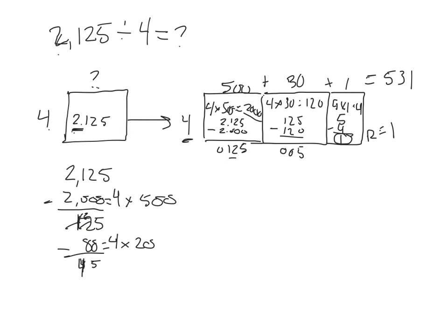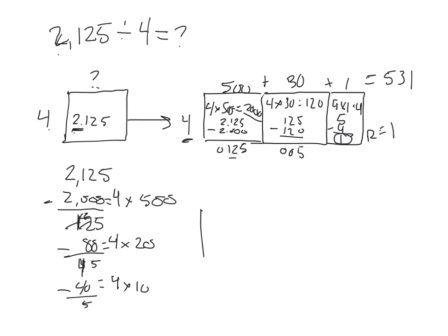And so I know that 4 times 1 is 4. So 4 times 10 is going to be 40. Okay, and if I subtract that, then I'm going to be left with 5. And then I can finish up with the same problem before.